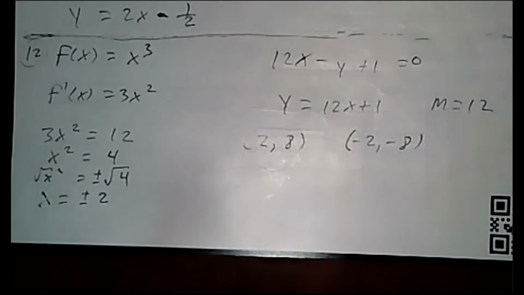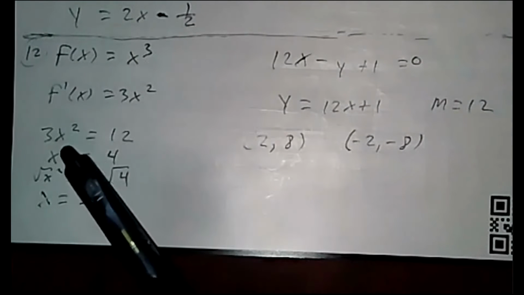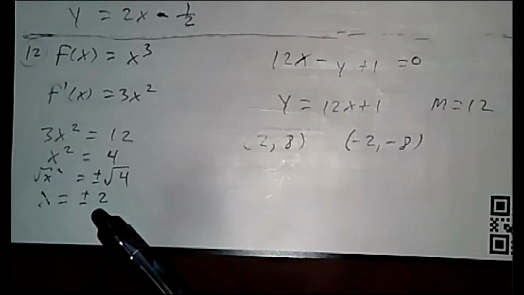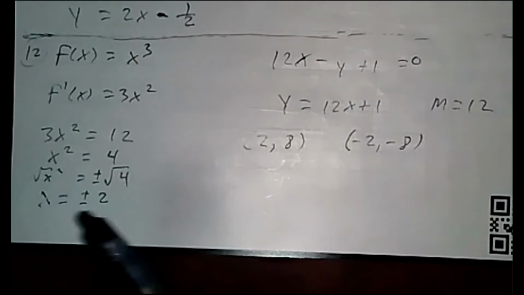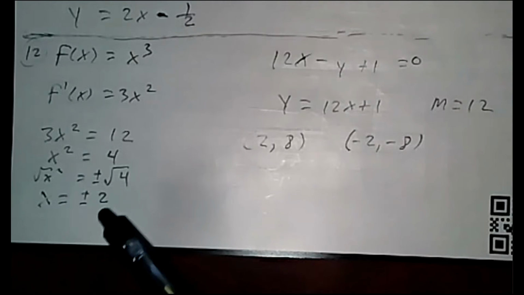So it's because solving for x creates two solutions for x, plus or minus 2.